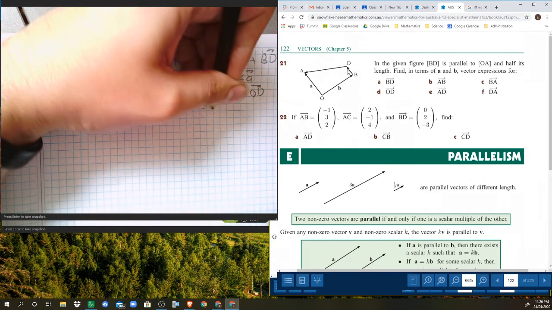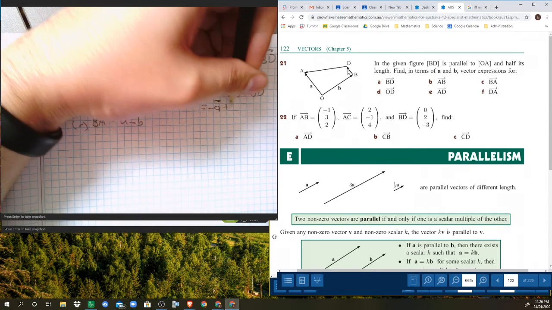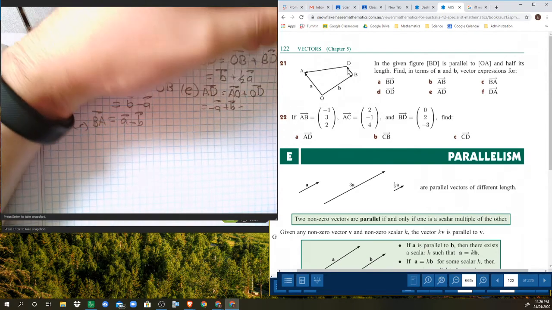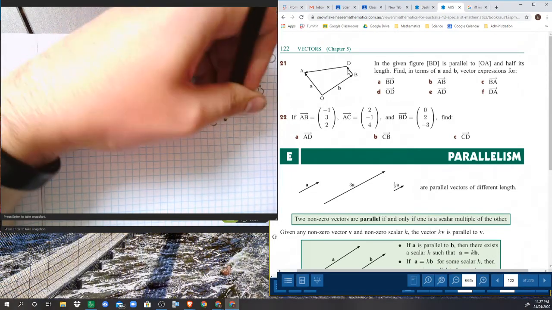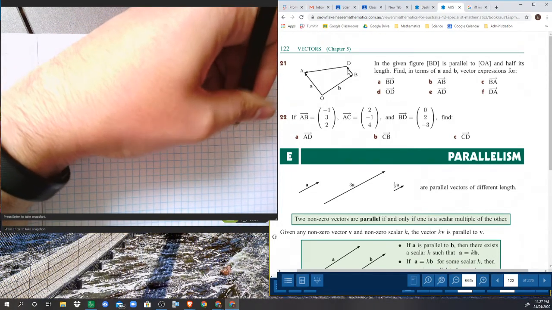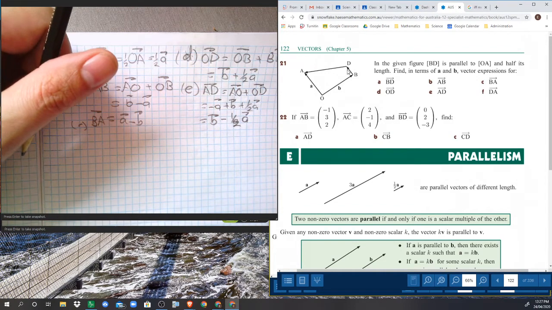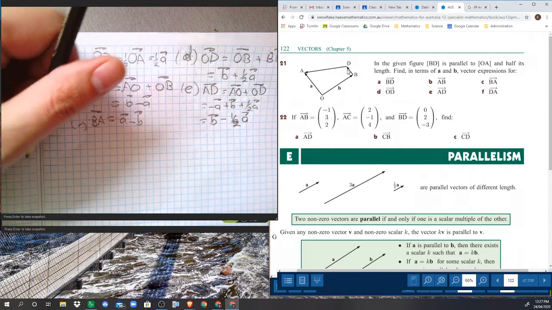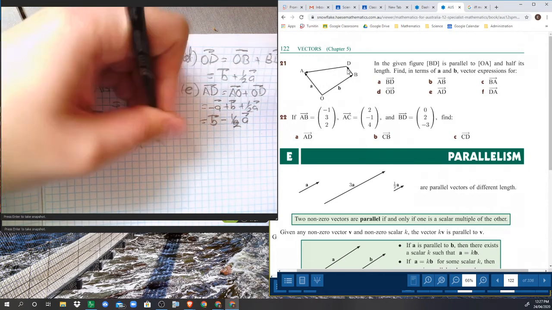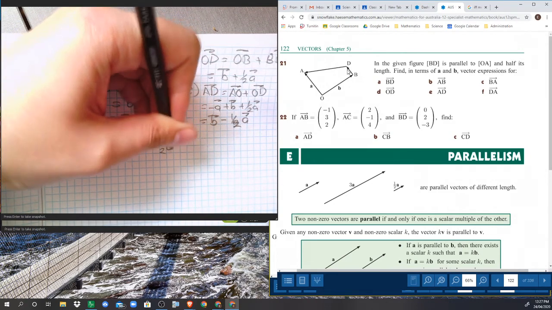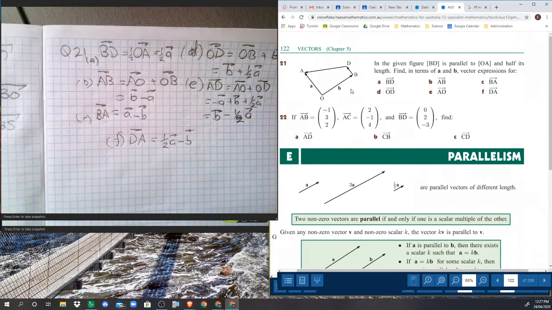So that is equal to minus A, since it was A to O, not O to A, plus B plus 1/2 A. So that would actually be B minus 1/2 A. DA is just the reverse: one half A minus B. Easy peasy. Yes, I think so.